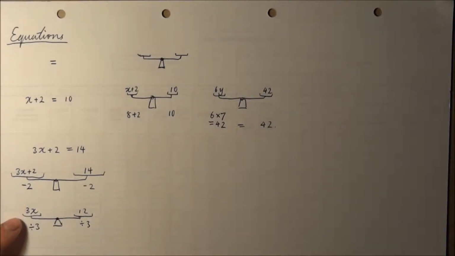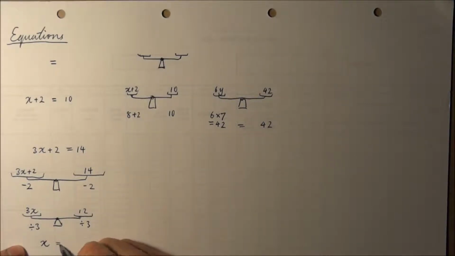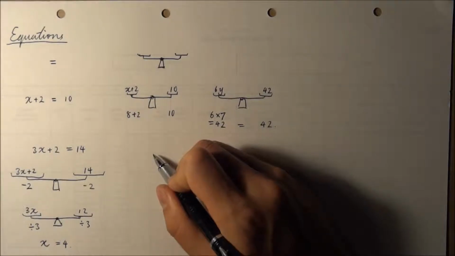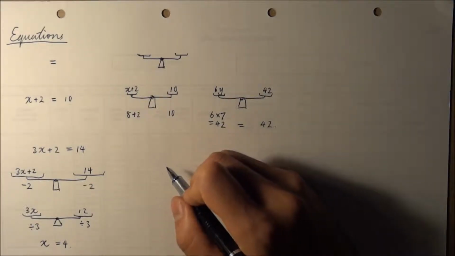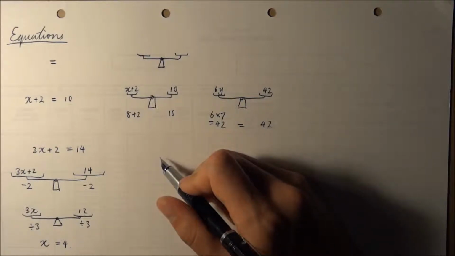So in the end, we have x here, and then 12 divided by 3, we have 4. Of course, the balance is just an illustration. We can do without it and use purely mathematical symbols to complete the process.